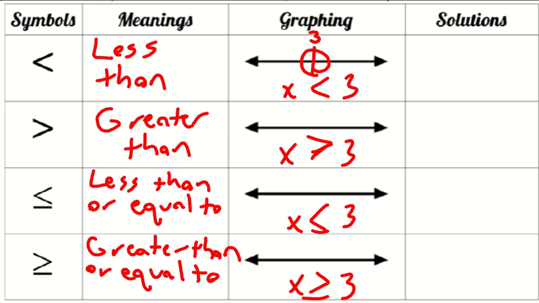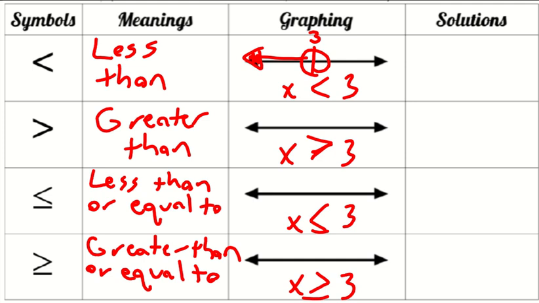Okay? It needs to be an open circle, and then we're going to have an arrow pointing one direction. The direction it points, in this case, is to the left.